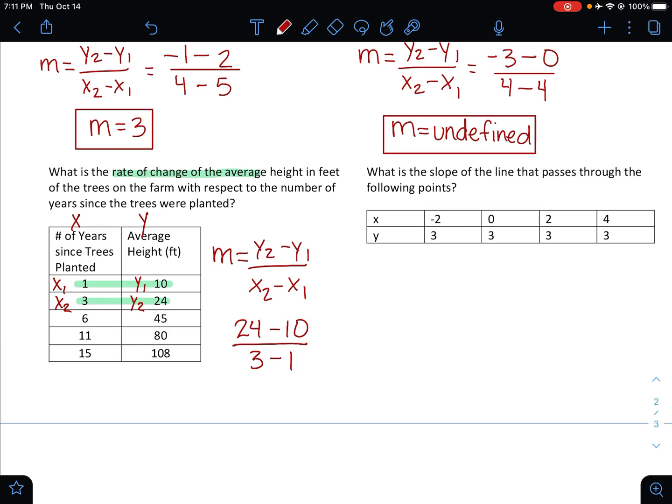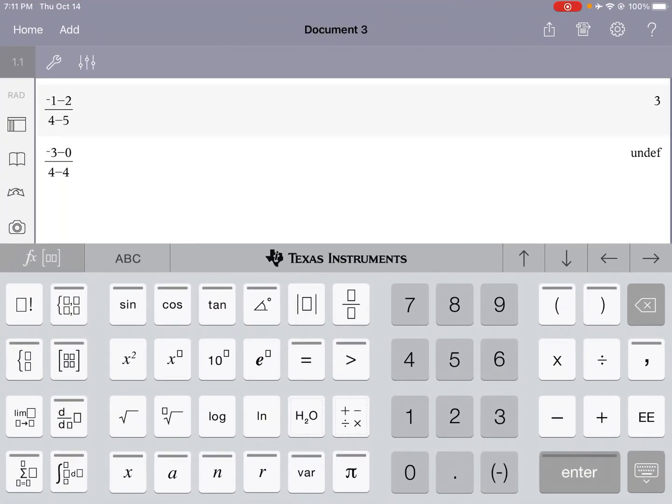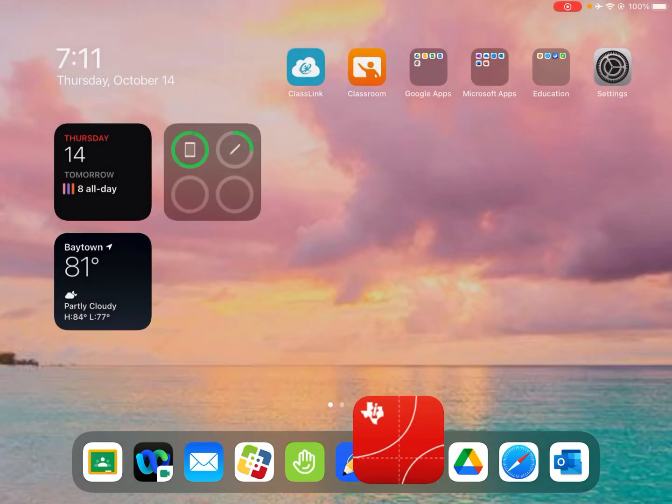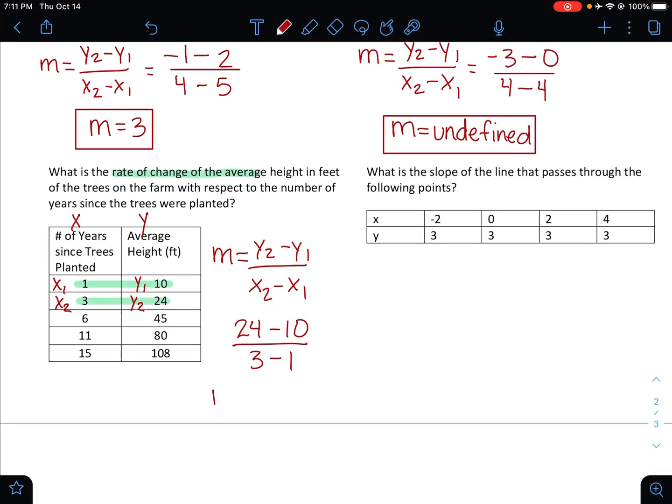I'm going to go ahead and plug that into my calculator. So I have my fraction, 24 minus 10 over 3 minus 1, and I get 7. So my slope equals 7.